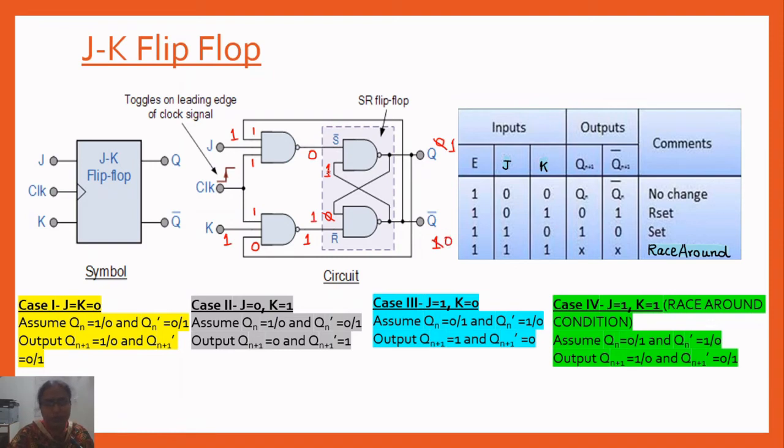Now this 1 is coming to this side, 1, 1, 1, this becomes 0. So this 0 is reflected here, 0, 0, 1. Now as you can see, this final output has changed and this is fed back to this side. So this also changes to 1 and this changes to 0. Again 1, 0, 0, so it again changes to 1, and then 1, 1, 1, 0.